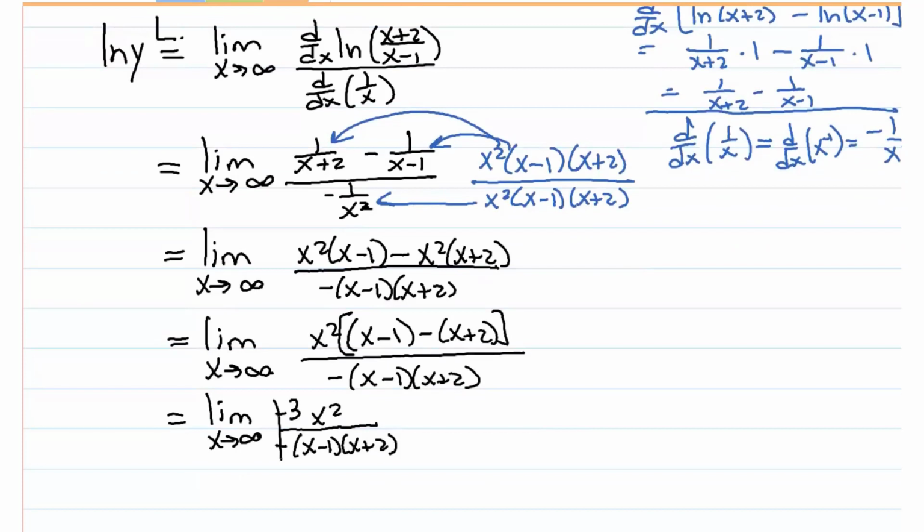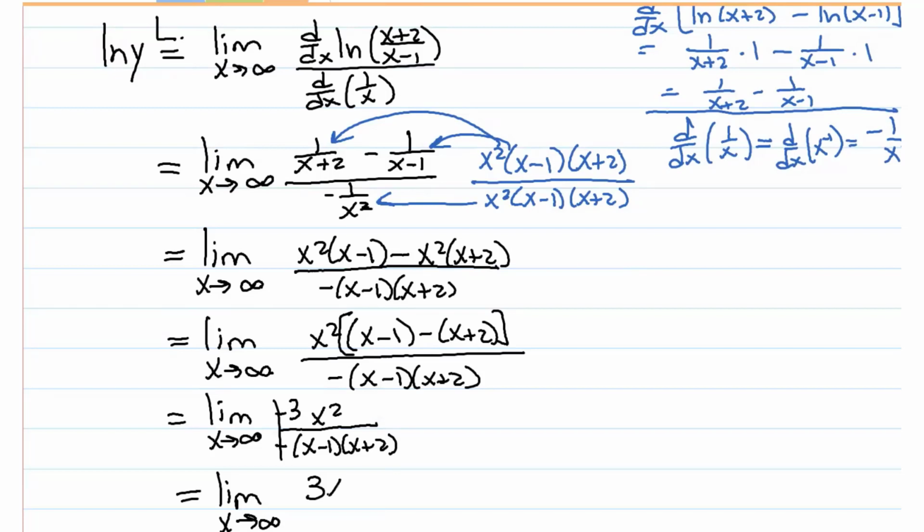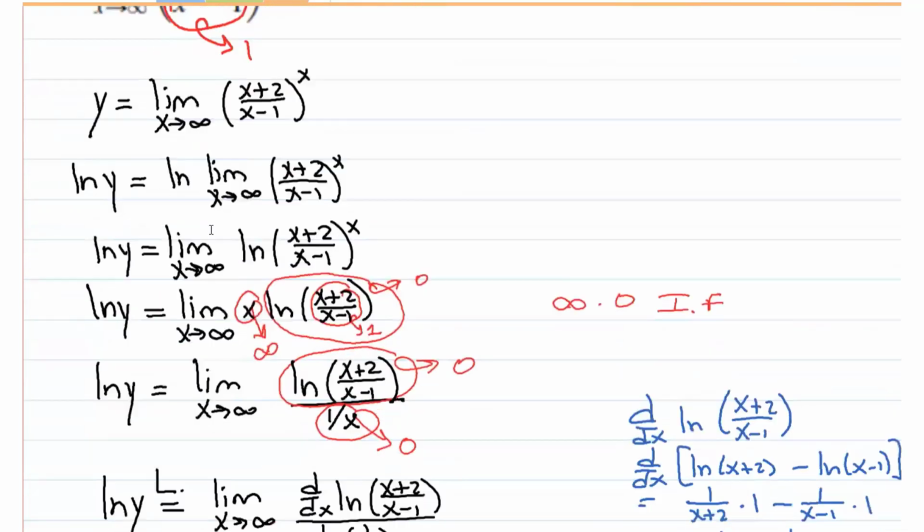All right, so the negatives cancel, but that's about it. To find this limit, we need to multiply out the denominator. So we have the limit as x goes to infinity of 3x squared over x squared plus x minus 2. And now we can just focus on the highest powers. So it equals 3.